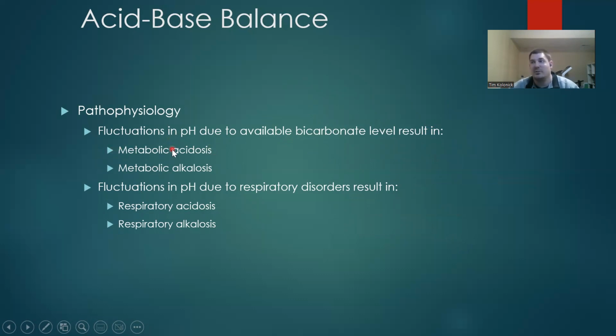So if it's a chemical reason that this person is acidic or alkalotic, we call it metabolic acidosis or alkalosis. If it's fluctuations due to some sort of respiratory disorder or respiratory distress or whatever might be causing you to not breathe appropriately, that could be respiratory acidosis or alkalosis. Okay.